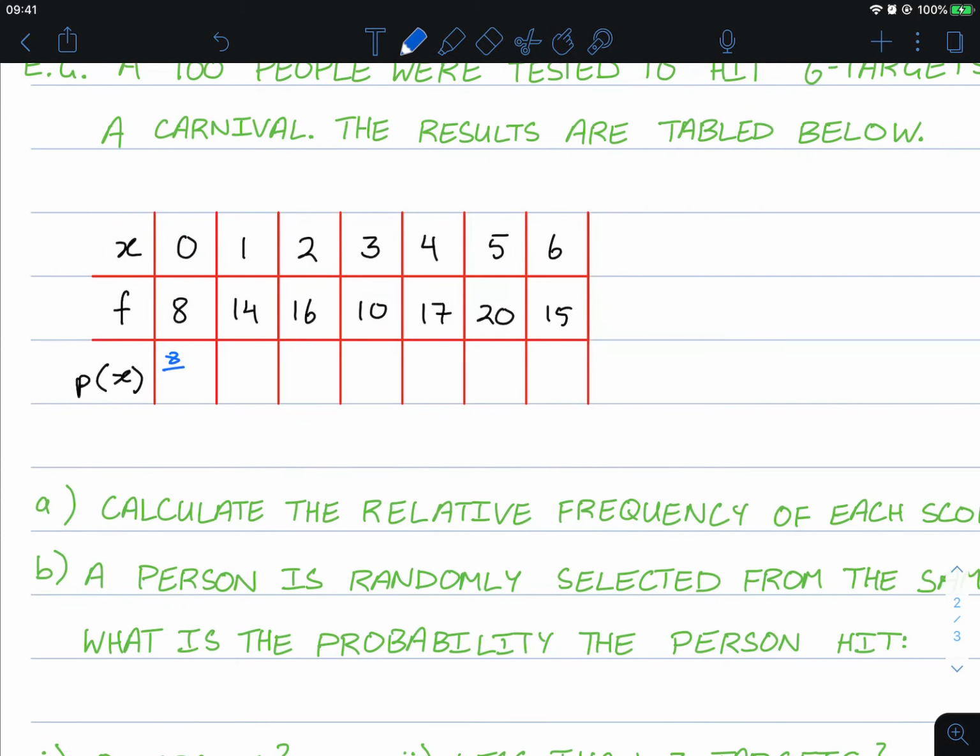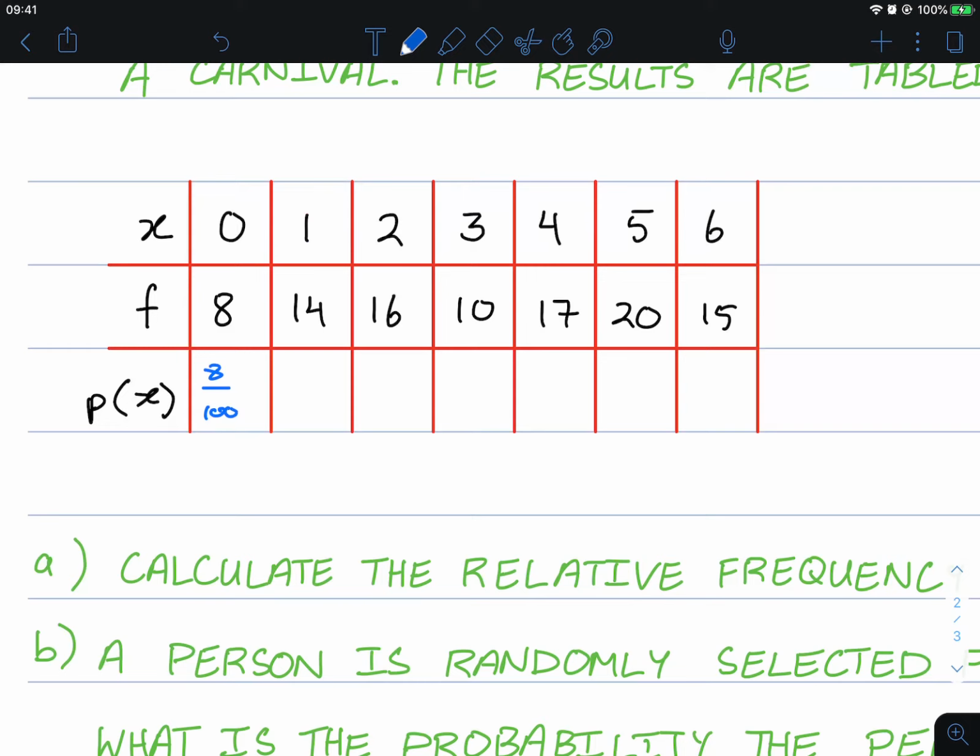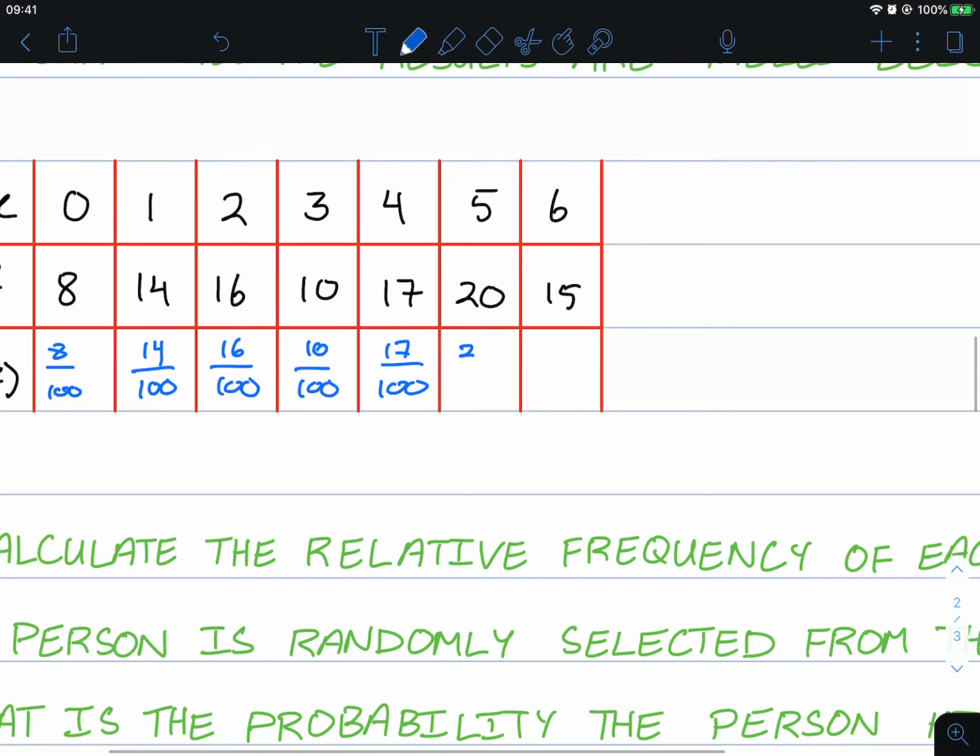The probability of 1 occurring is going to be 14 over 100, and so on, 20 over 100 and 15 over 100.